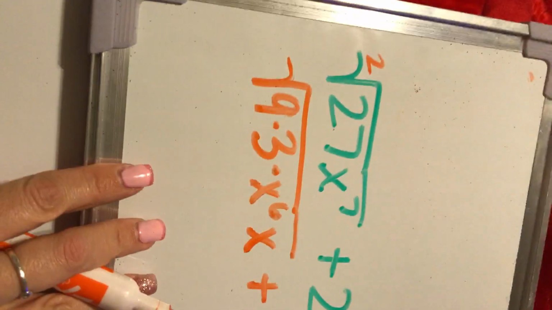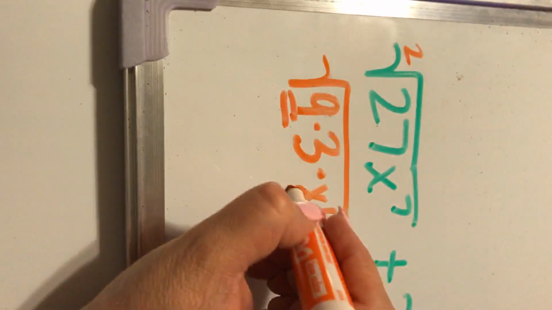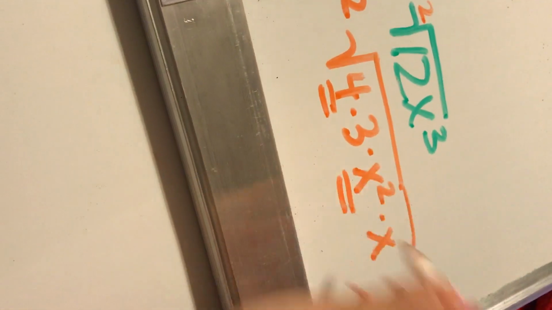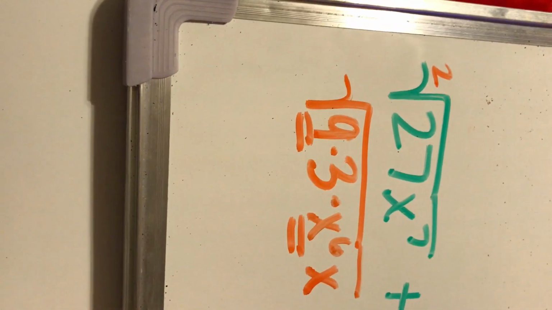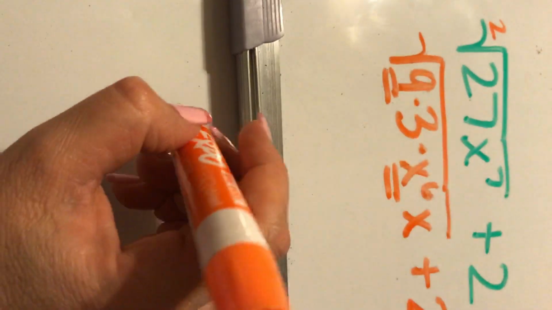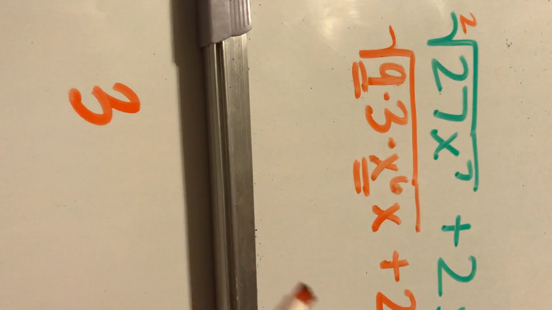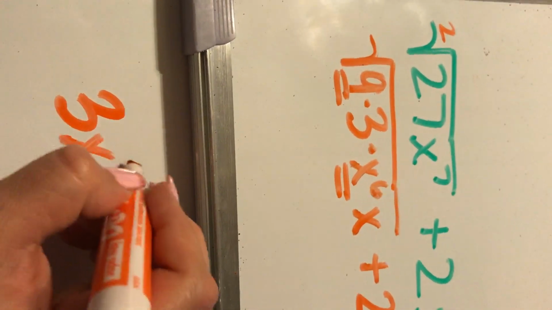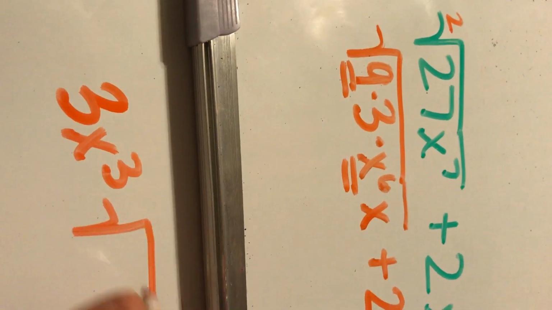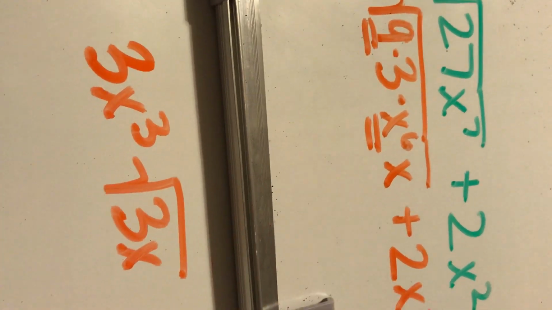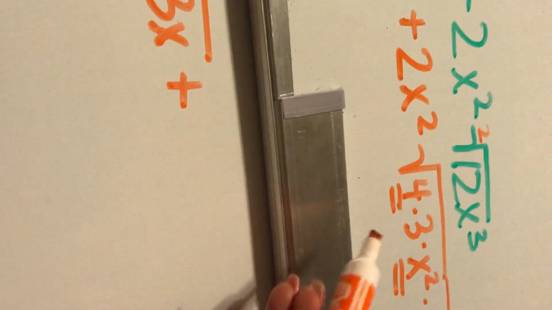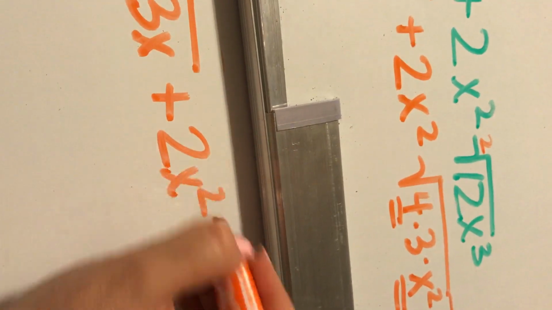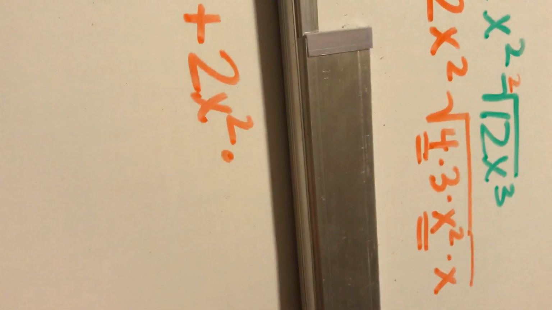All right, so coming over here, I'm just going to go through and underline all the perfect squares right now. Okay, let's go back here. So square root of 9, I'll write it down here, is 3. Square root of x to the 6th is x to the 3rd. And then we have 3x left over. And this term here, I'm going to write this first, 2x squared, and then remember we need to multiply.